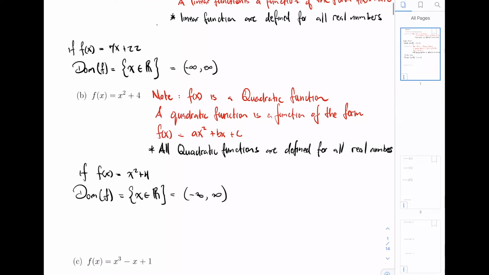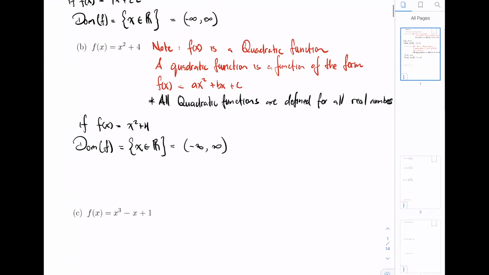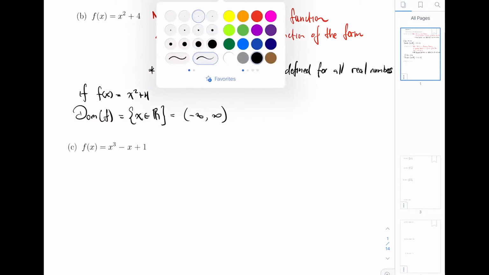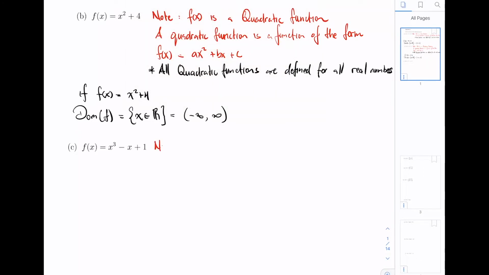Moving right along, we now move on to part C of question number 1. This time we have a function that is very similar to what we had before, okay? And because I'm so predictable, of course, we're going to start by noting the type of function that f of x is. So here, we say that f of x is a cubic function, right? And what is a cubic function?